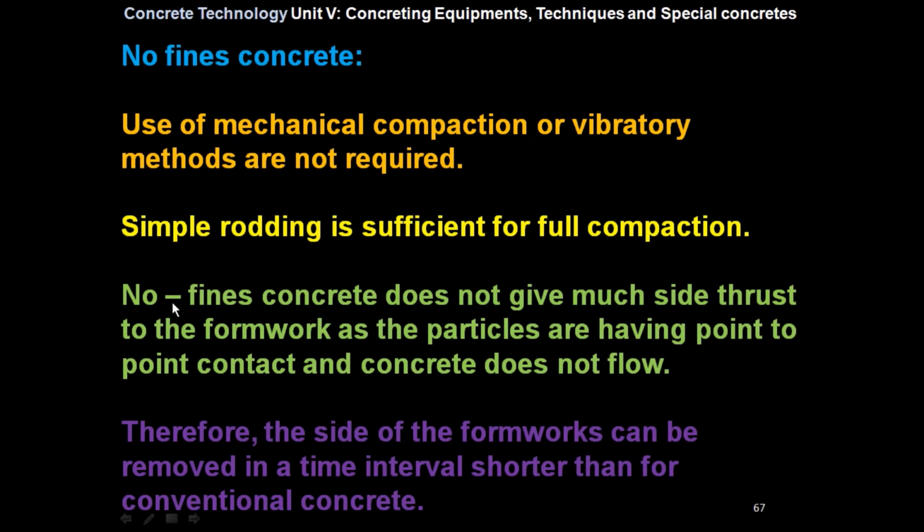No-fines concrete does not give much side thrust to the formwork, as the particles are having point-to-point contact and concrete does not flow. Therefore, the sides of the formwork can be removed in a time interval shorter than for conventional concrete.